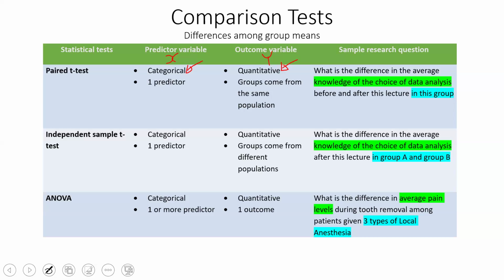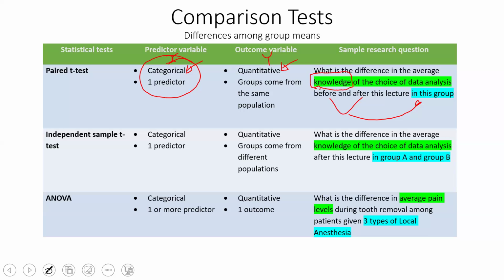I'll be using a t-test. Now, our categorical variable here is this group, before and after. That is the category I'm working with here. I'm looking at you as a group before, I'm looking at you as a group after. That's the categorical. And the knowledge of the data analysis is my outcome variable, because the knowledge I'm going to score it either in percentages or whatever.